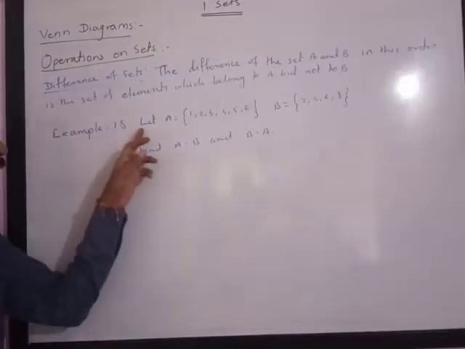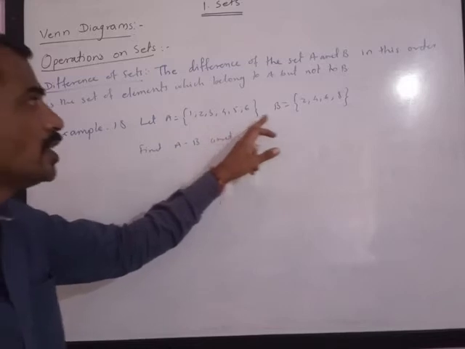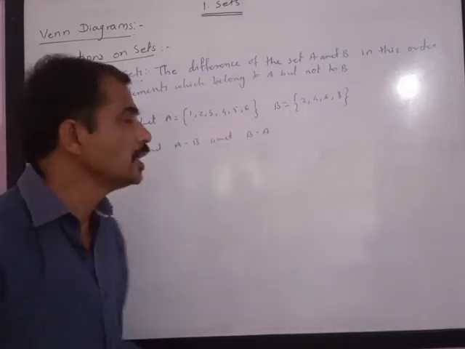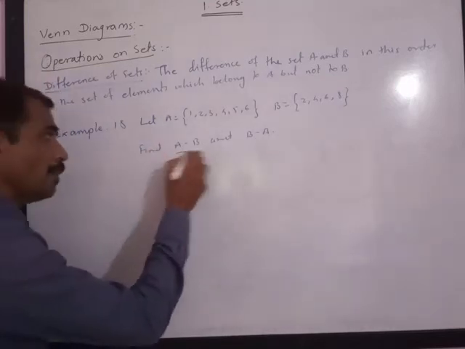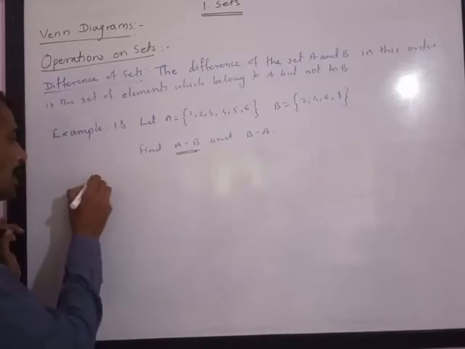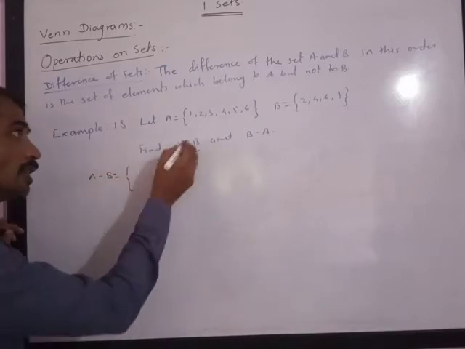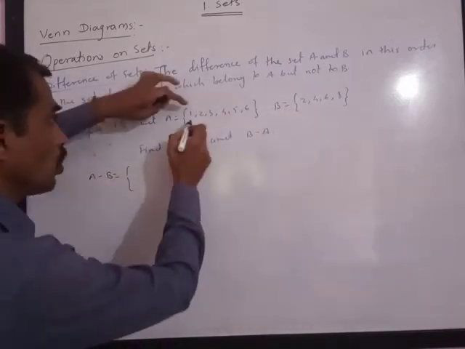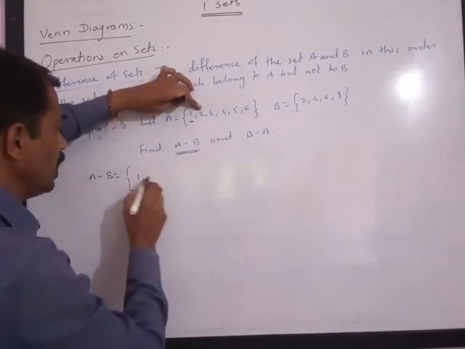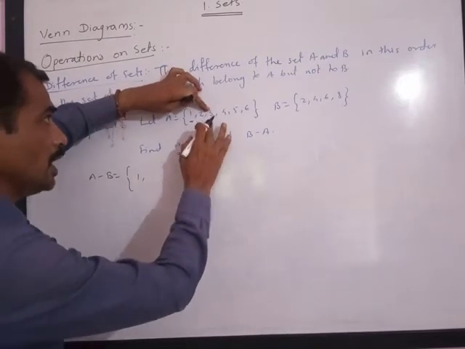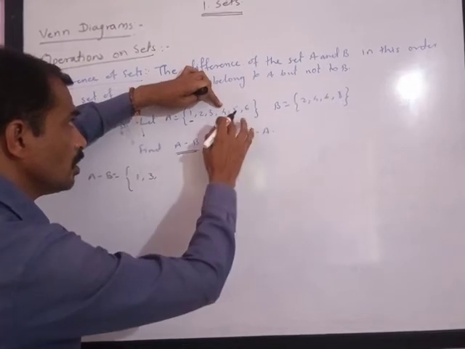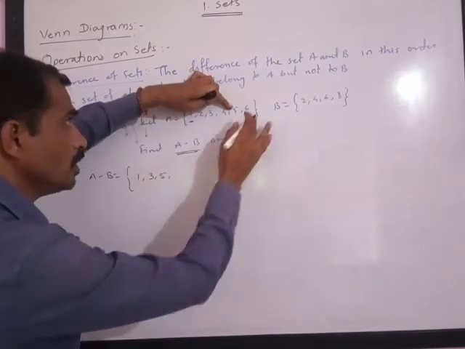Example 18. Let A be the set of 1, 2, 3, 4, 5, 6 and B the set of 2, 4, 6, 8. Find A minus B and B minus A. Now A minus B means the set of those elements which are in A but not in B. So 1 is in A but not in B. 2 is in A and in B also, so it will not come. 3 is in A but not in B, so 3, then 4, 5, 6 is there.